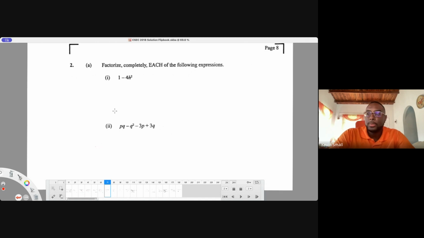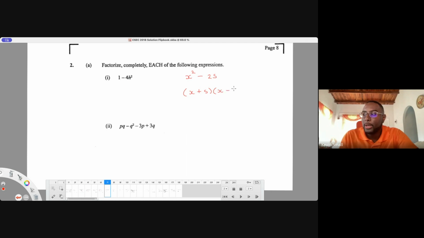Let's go with the first one. Just to jog your memory, what is a perfect square? A perfect square would be problems that have square roots of both of the terms and they have a minus sign in between them. For example, if I said x squared minus 25, the answer is automatically (x plus 5)(x minus 5).